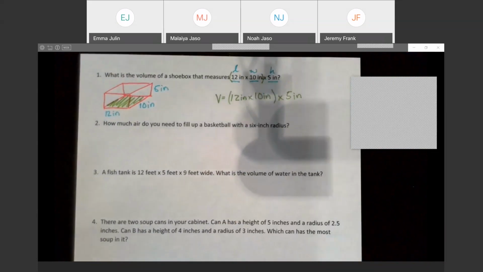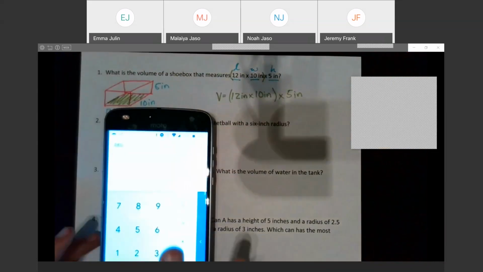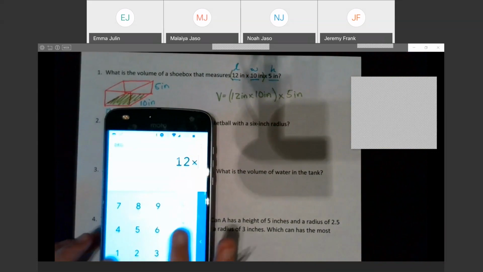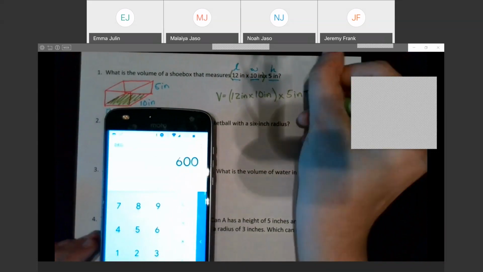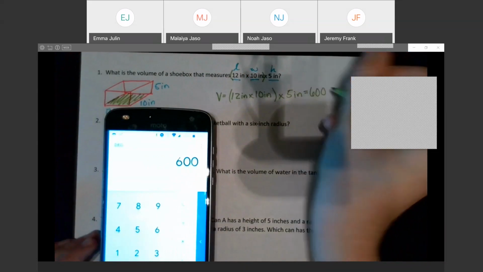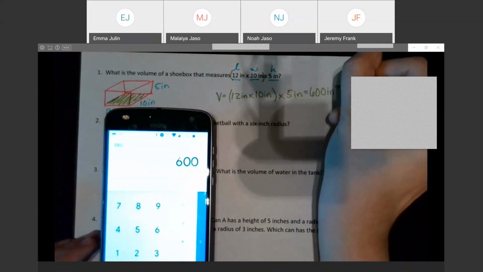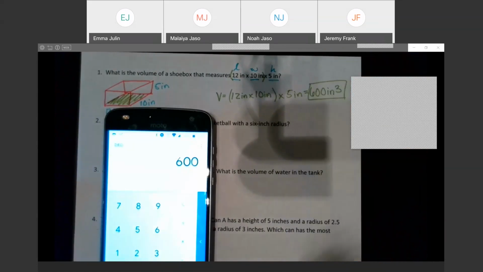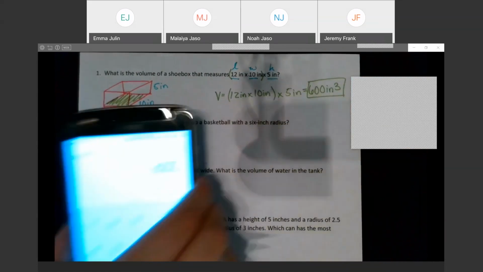Now if I multiply it out, I have 12 times 10 times 5 to get me a full value of 600 inches cubed. And that'd be it. That's how you get volume for the shoebox.